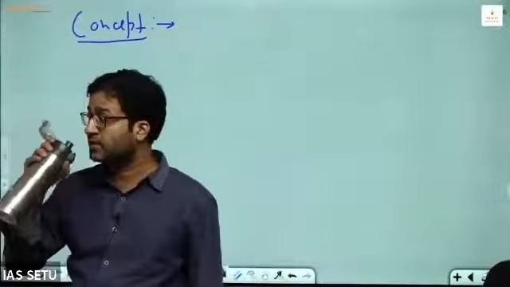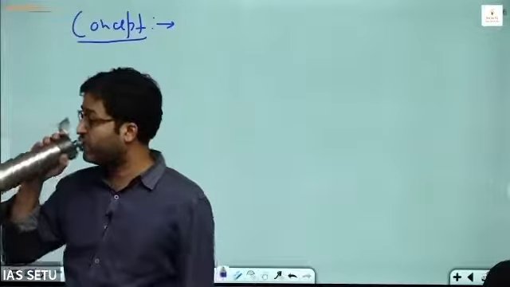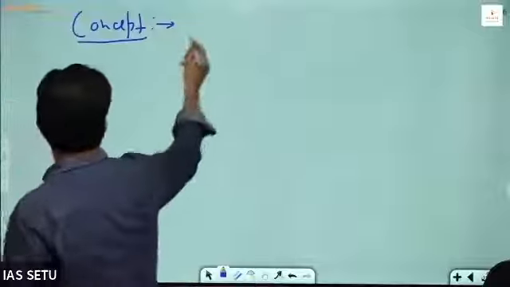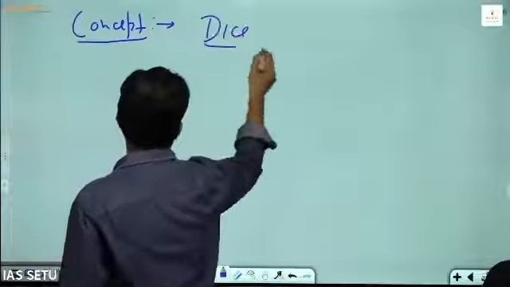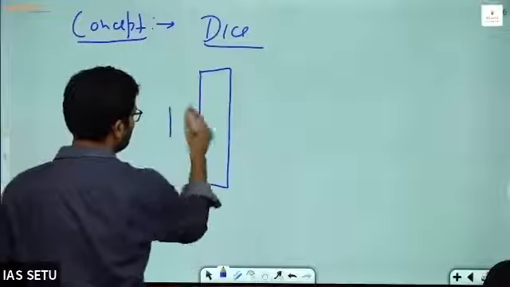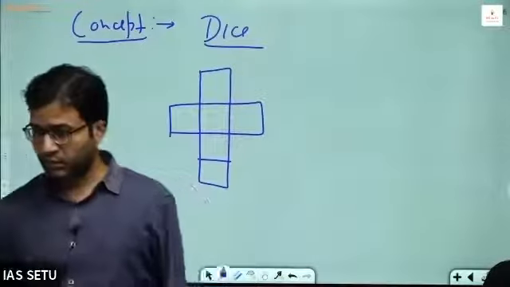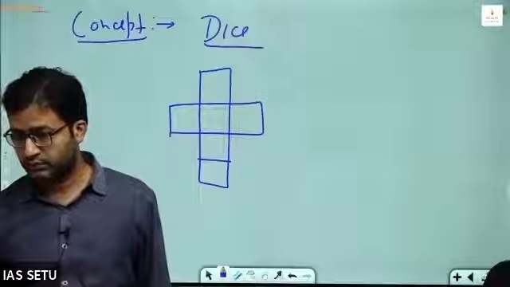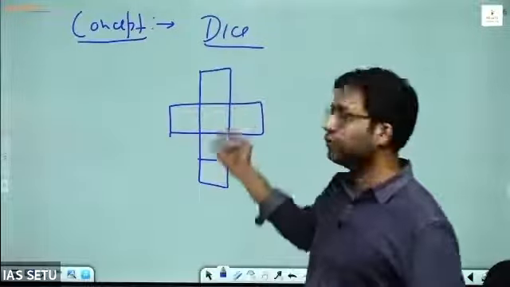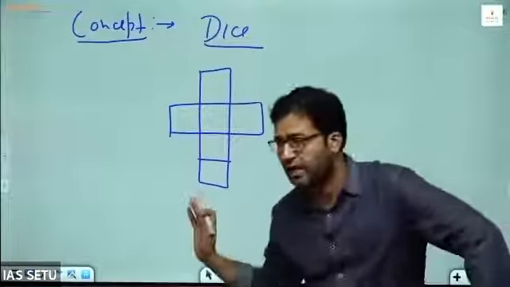Chalo. Now next is property number 9, but before that, what is important here in the DICE topic? What types of questions do we have? One is where they give this type of diagram, and where we know the shortcut: alternate faces in a column or a row are opposite to each other, and we know the direct answer.